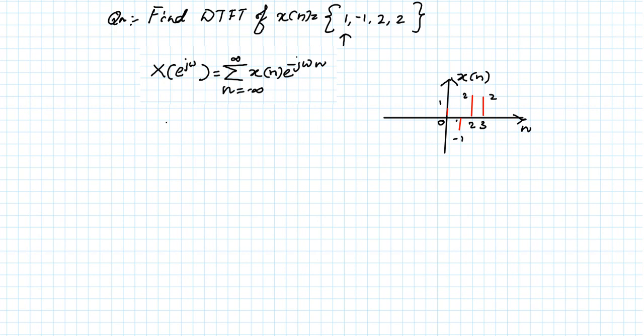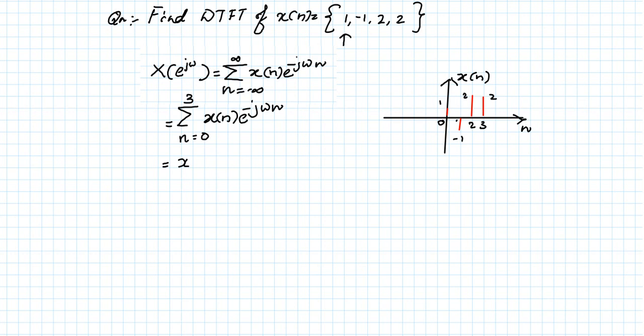So we can evaluate the Fourier transform like this. We don't need to evaluate from minus infinity to infinity. We can evaluate it from 0 to 3, so n from 0 to 3 of x of n into e raised to minus j omega n. Now our formula reduces to 0 to 3 instead of minus infinity to infinity. Now we can expand this by substituting n equal to 0.